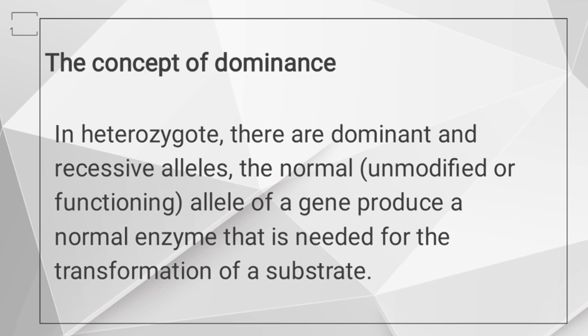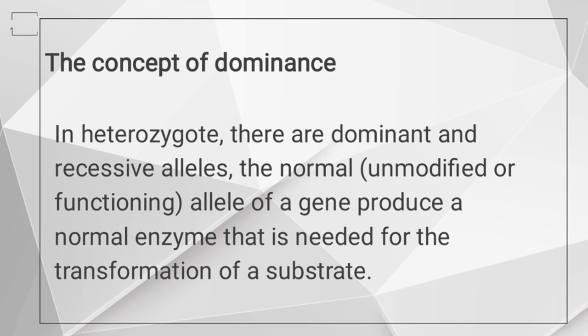In a diploid organism, there are two copies of each gene, that is nothing but a pair of alleles. In homozygous condition, there are identical alleles. In heterozygous, there are non-identical alleles, that is, one dominant, another one recessive.